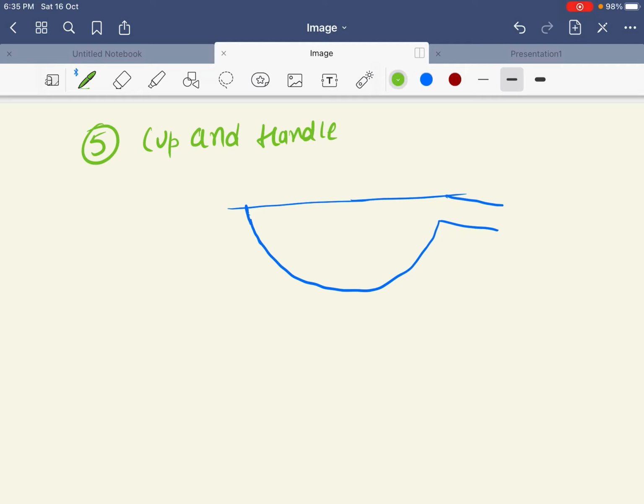Firstly, the trend is in bullish mode. The trend is entering this cup and handle pattern in bullish formation, and then you can say it is staying inside the cup and handle.